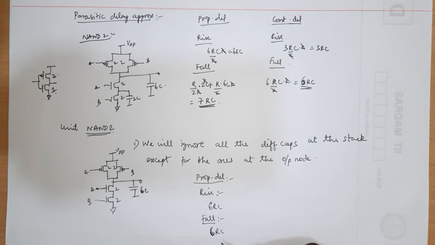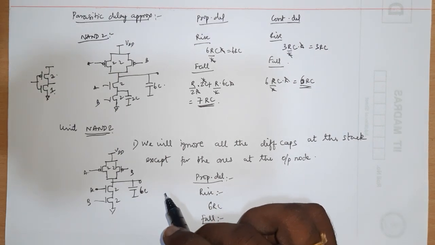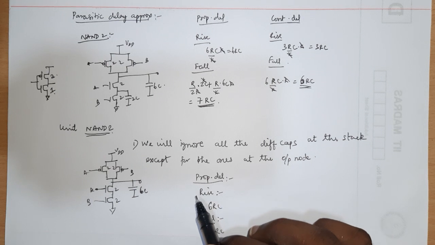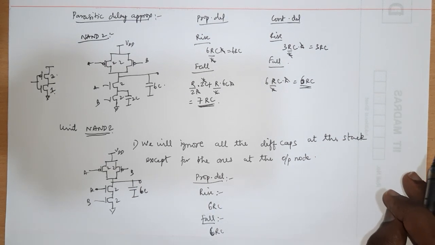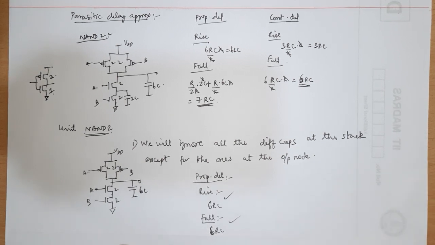So the propagation delay, or for a 2 input NAND gate the parasitic delay, because it's not driving any output, propagation delay is equal to the parasitic delay when it is not driving any external load. In that case, rise and fall delays are the same. So you don't have to worry about what is the rise delay and what is the fall delay. It's going to be the same.